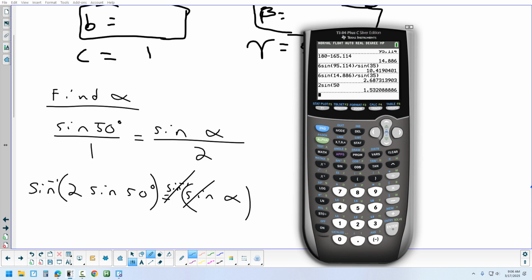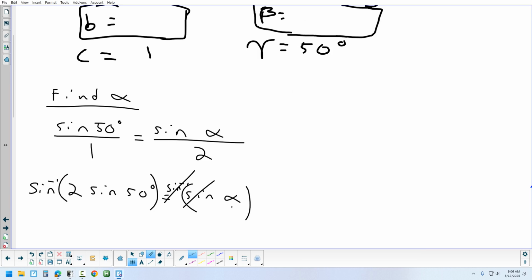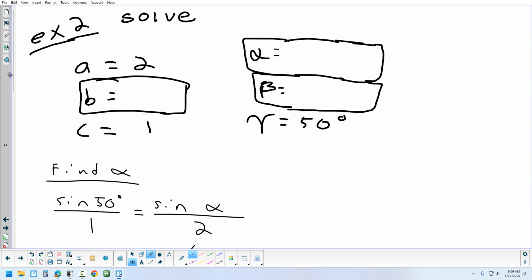So what does that mean is going to happen when I try to take the inverse sine of it? You can't do that. You can't take the inverse sine of 1.53. Okay? So what do you think that means about alpha? Yep. No answer. There is no solution for alpha.